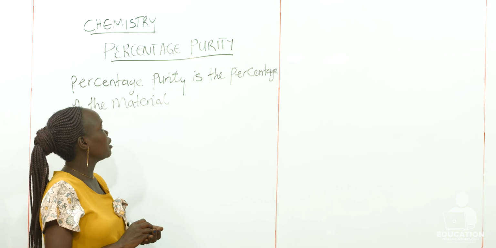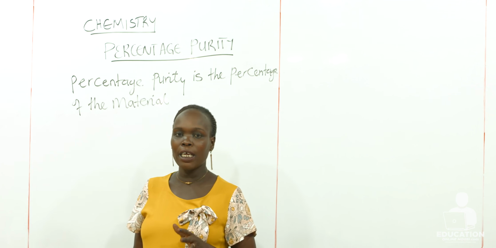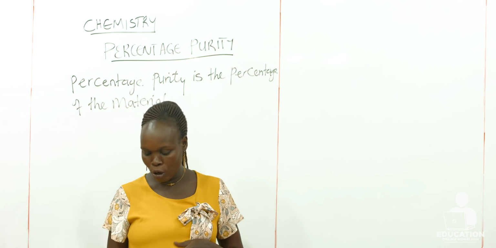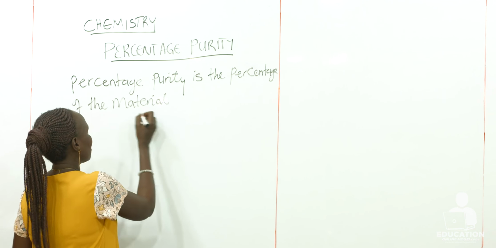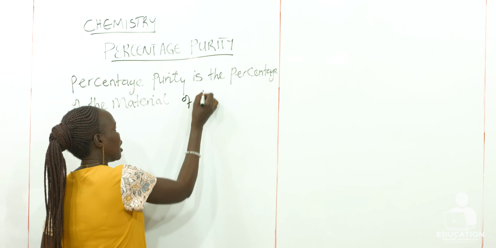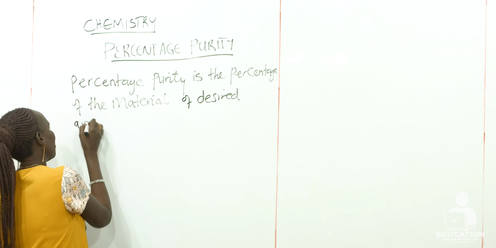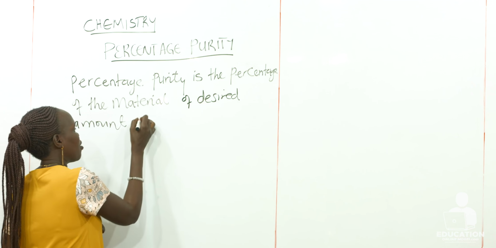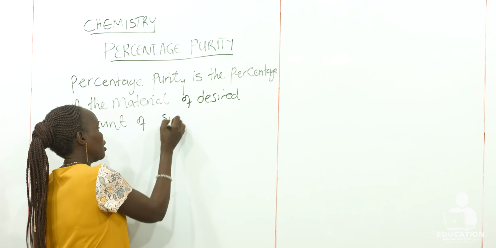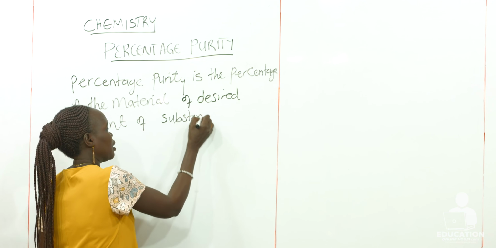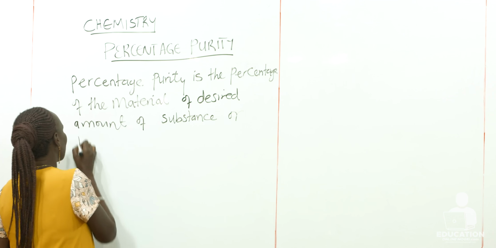We can say that the percentage purity is the percentage of the material of the exact desired substance or product, that is, the exact amount of the product or the substance that we needed.